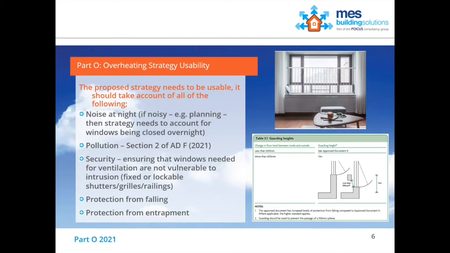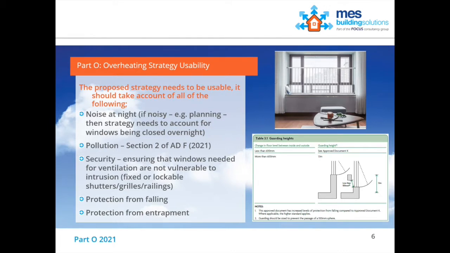So again, if we have a scheme that's on a busy main road, and we are expecting to get air pollution coming from the vehicles and their emissions from the road, then again, relying on openable windows on that facade may not be an appropriate means of ventilating the building and mitigating overheating.